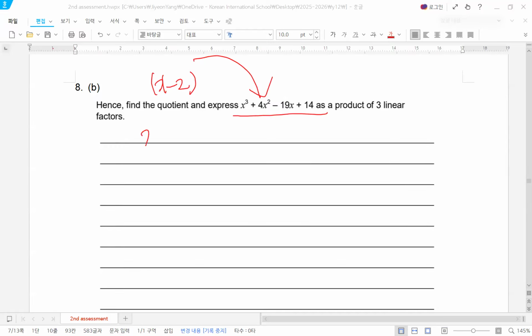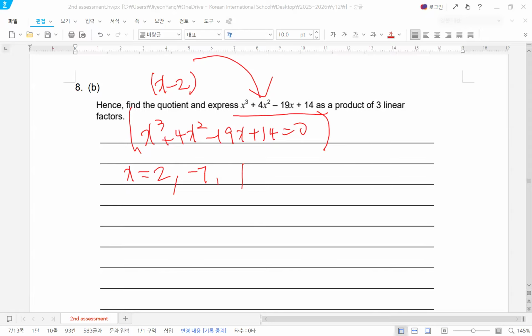Or simply, students, x cubed plus 4x squared minus 19x plus 14 equals 0. By solving this cubic equation, you can factorize it as well. Please, by using your calculator, solve this cubic equation, and tell me what the roots are. One should be 2. Minus 7 and 1, thank you.